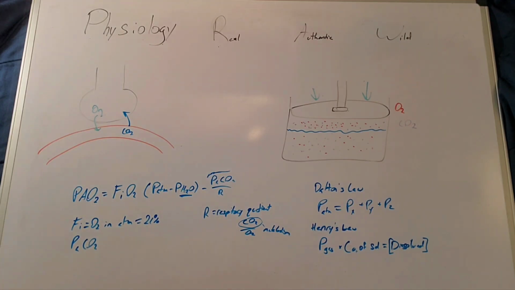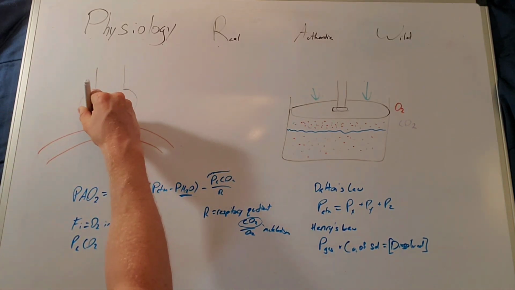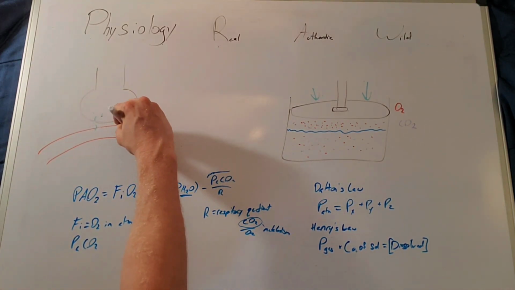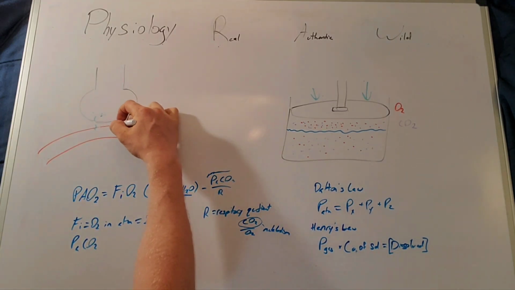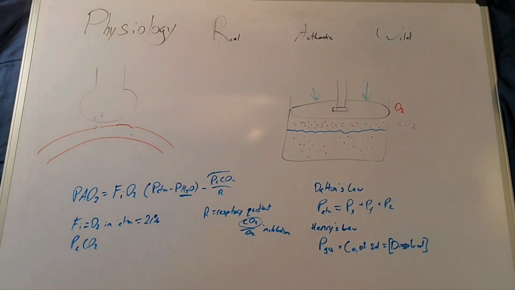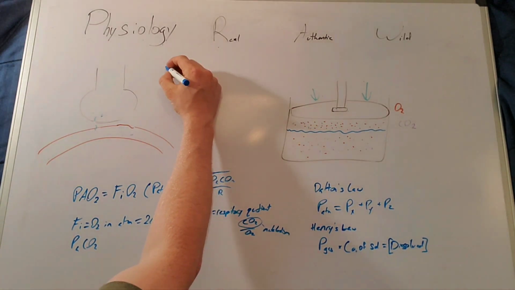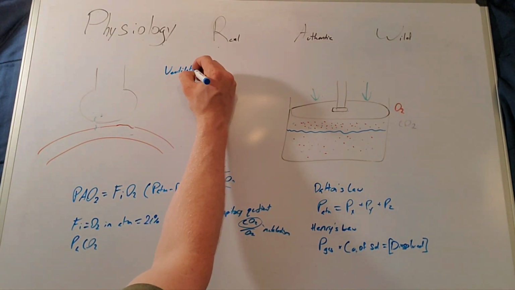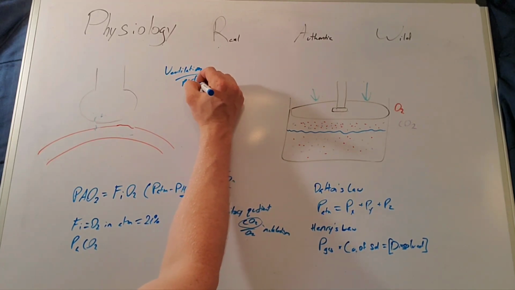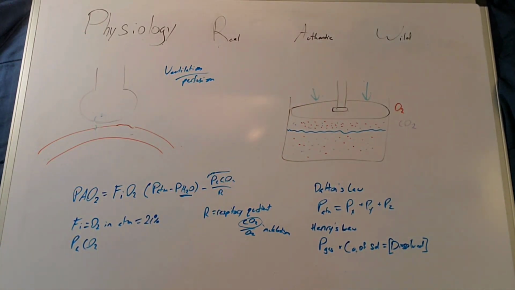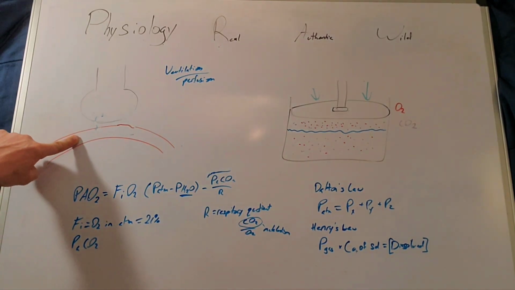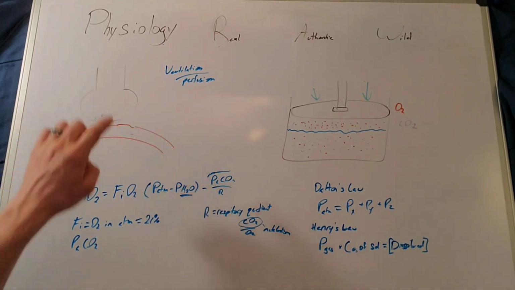So ventilation and perfusion ratios. I'm going to use this again. Ventilation over perfusion. That ratio is going to give us another dynamic of understanding the blood concentration of oxygen, how much air is getting in here.